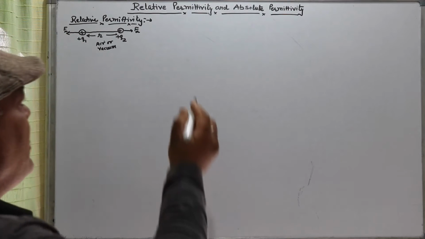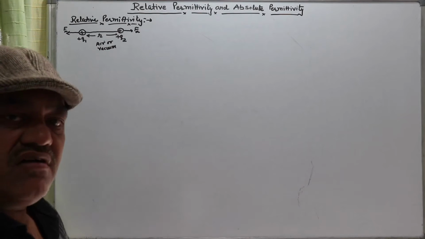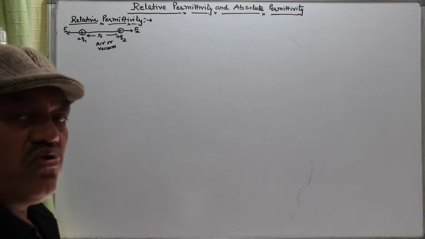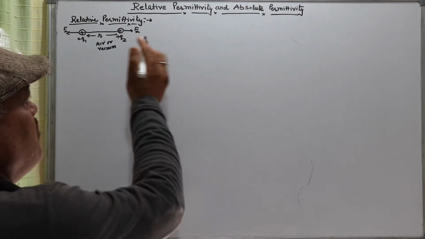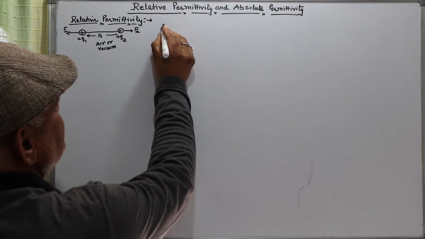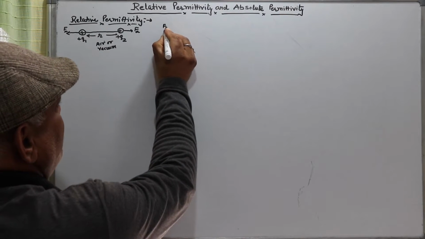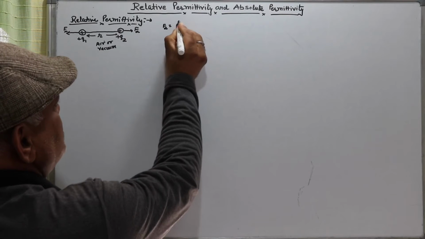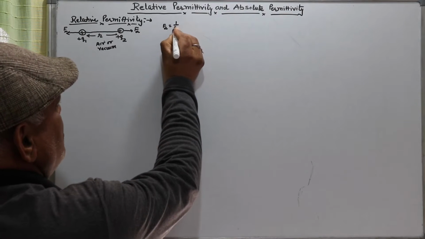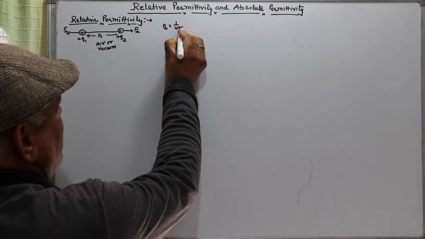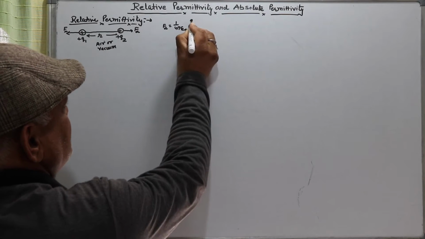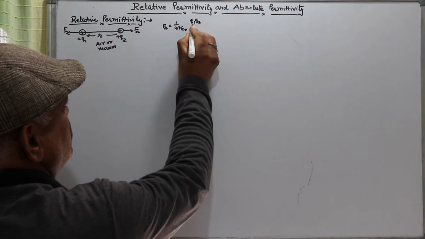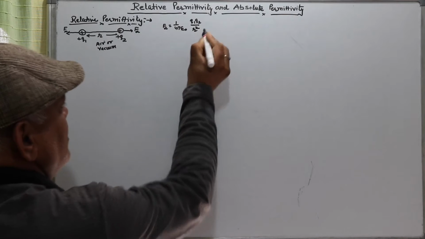Now, according to Coulomb's law, the magnitude of this Coulomb's force Fa is equal to 1 upon 4 pi epsilon naught, times Q1 Q2 upon R square.